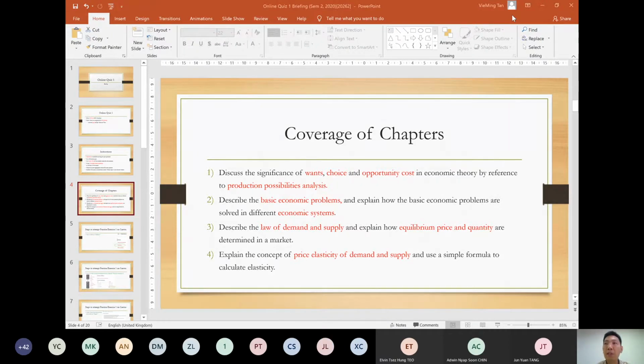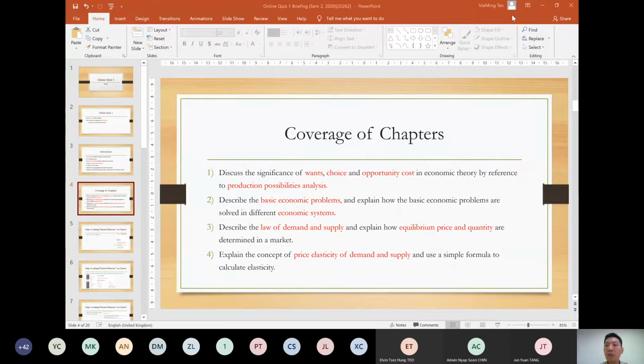When people make the decision to produce the best choice of products or services by using the limited resources, opportunity cost is going to occur.